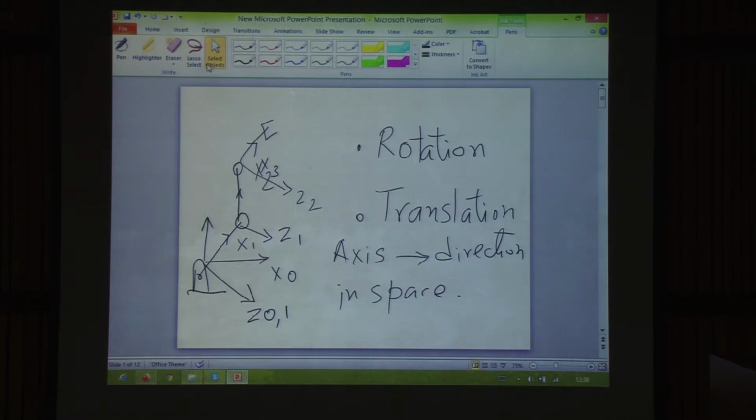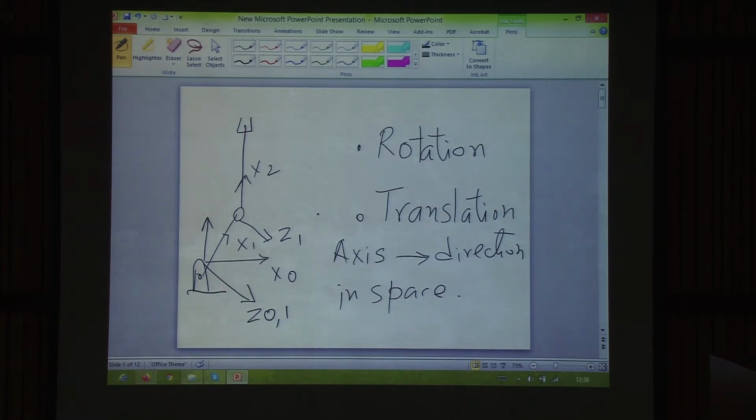So if I draw it again here, this has got a little clumsy. What we are trying to say here is that we have a linkage mechanism like this, and what I want to know is the relation of the end effector with respect to the base frame.